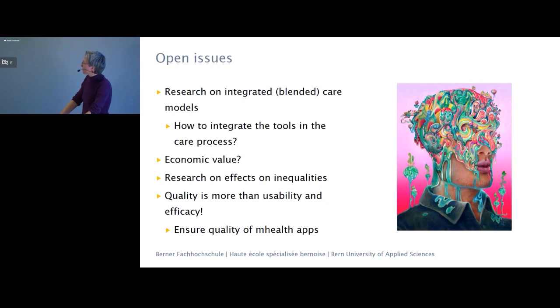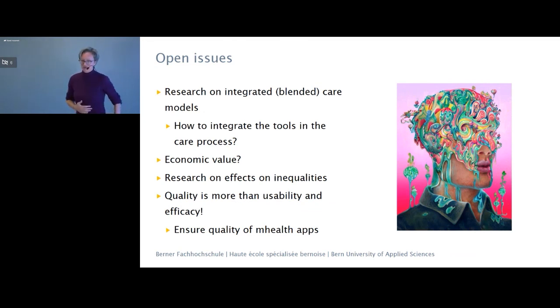And of course, my initial point was that providing mental health treatments through a mobile phone, or, as we heard, internet-based treatments, is supposed to overcome inequalities or to help people who probably don't have access to mental health treatment. But we still don't know, maybe we exclude people by providing mental health treatment through mobile health apps.